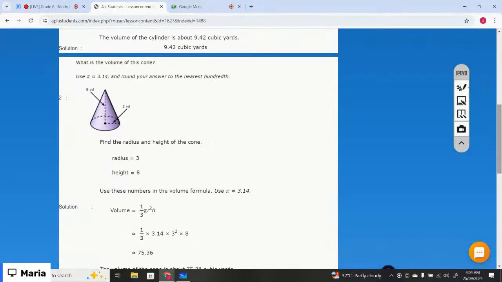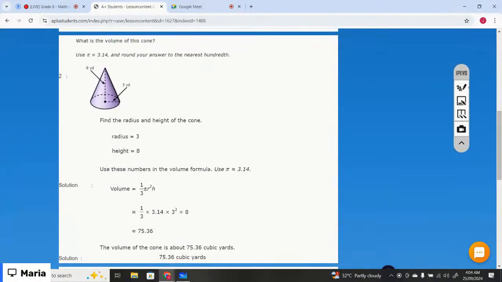The next one is, what is the volume of the cone? That is V equals 1 by 3 pi r square h, where r is 3 and h is 8.